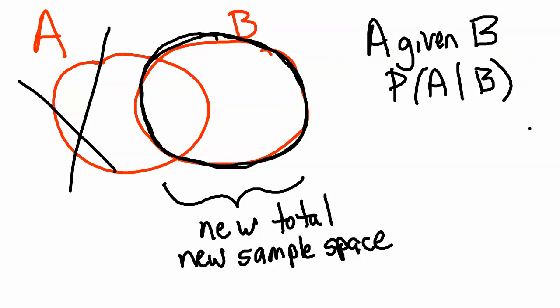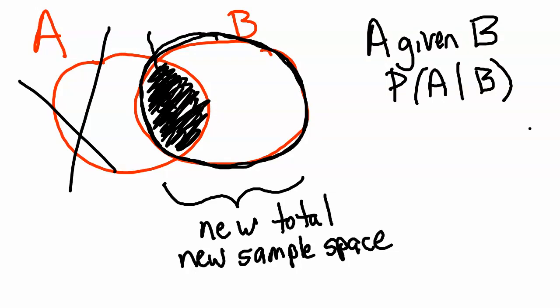So if we look at this, where is A in this picture? A is right here. A is part of that circle that's inside B. So this is the part of the circle of A that is inside B, and that is where A and B meet.